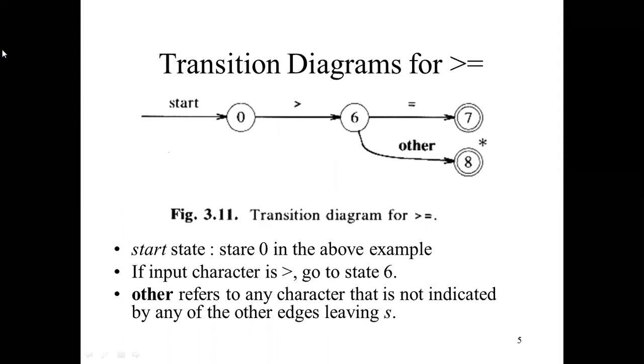This arrow is called the start, that is the start state, and this is the single circle. So this is called the initial state. And here we can do the numbering, because here we are considering the original diagram of the relational operator, and as per that diagram we are considering different states.